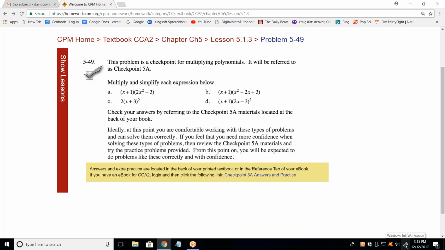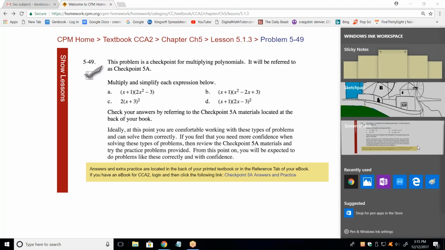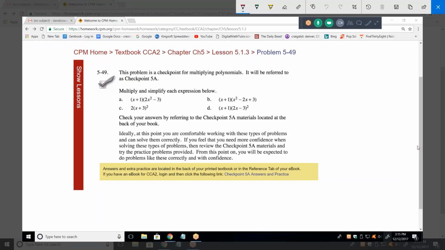So, hold on one second. My computer is running slow and it doesn't want to do this. I was having problems earlier today. Yeah. Took a while to get Windows Ink workspace working. So we're doing this one here.